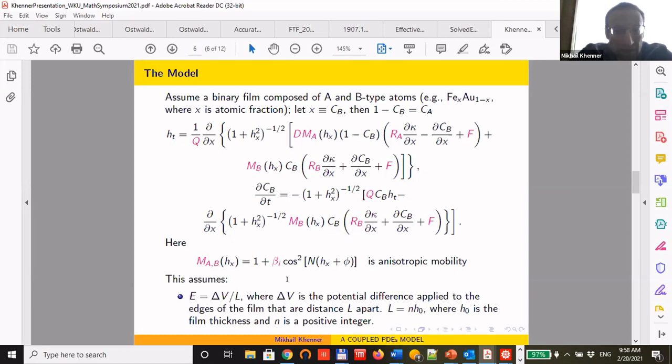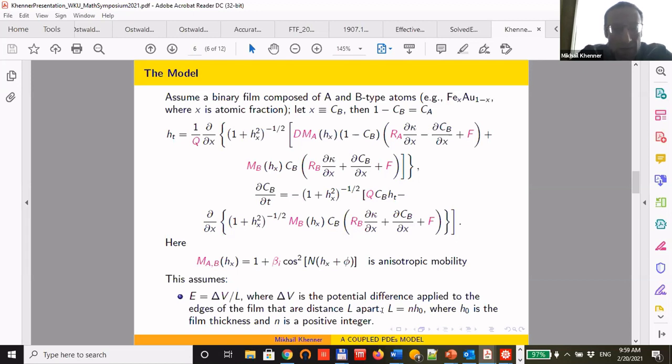As far as analysis, it is easy to notice that this system has an equilibrium state, which is h equals 1 and Cb equals a constant. h equals 1 means the surface is planar, which is just flat. And Cb equals a constant means that the composition is a constant.